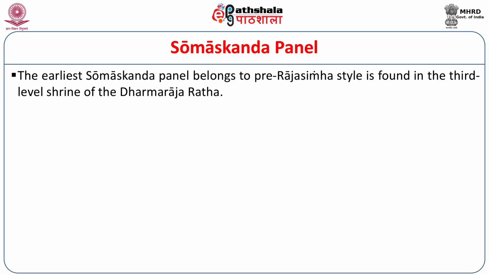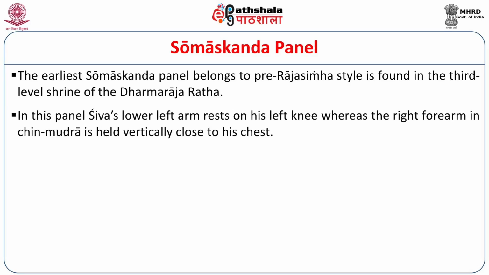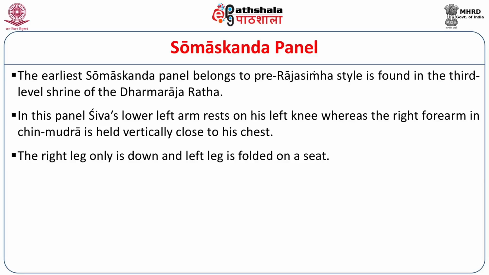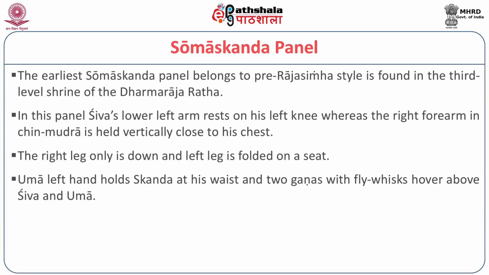In this panel, Shiva's lower left arm rests on his left knee, whereas the right forearm in Chinmudra is held vertically close to his chest. The right leg only is down and the left is folded on the seat. But in the later Pallava Somaskanda panels, the left leg is shown down and the right leg folded on the seat.